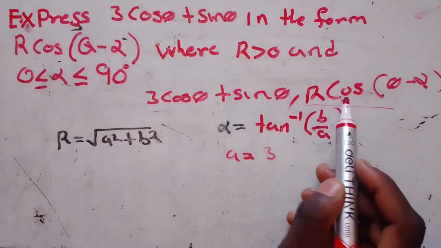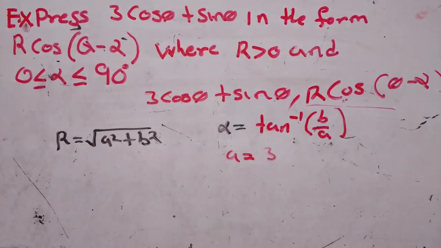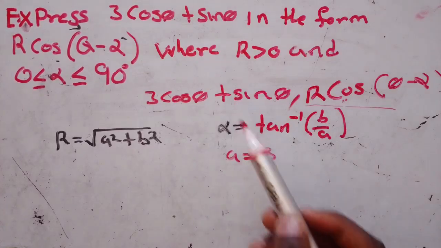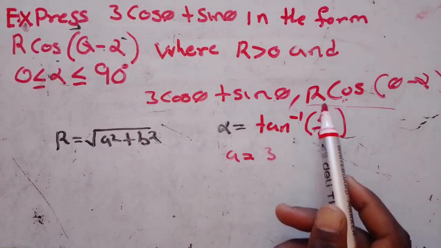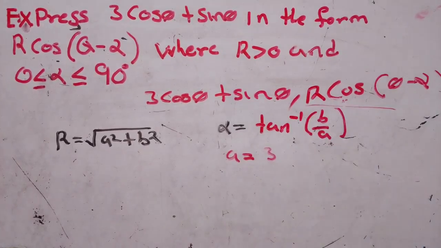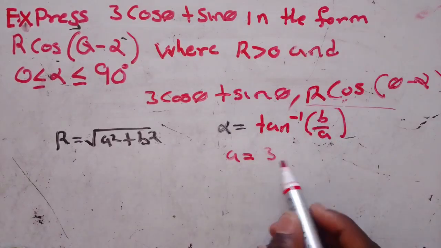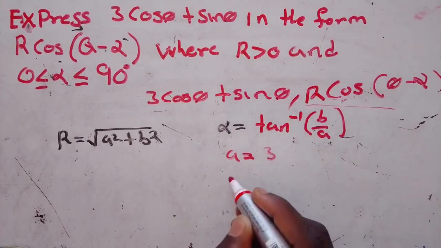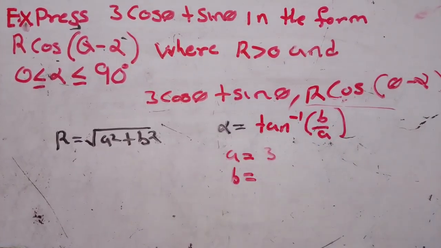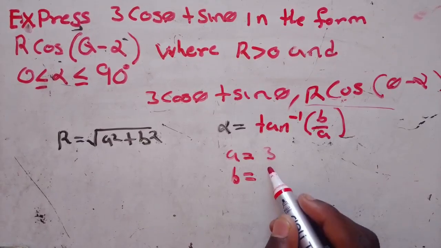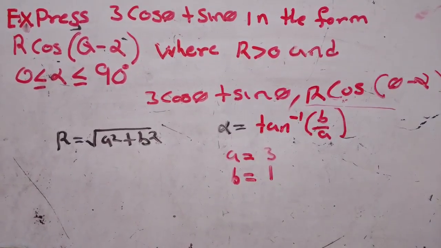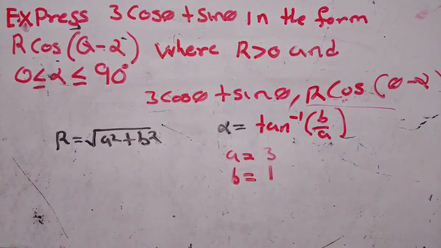If there was sine here, we would have taken the coefficient of sine as our a, which would be 1. But they have told us it's cos, so a is 3, then our b is the remaining one, which is 1.